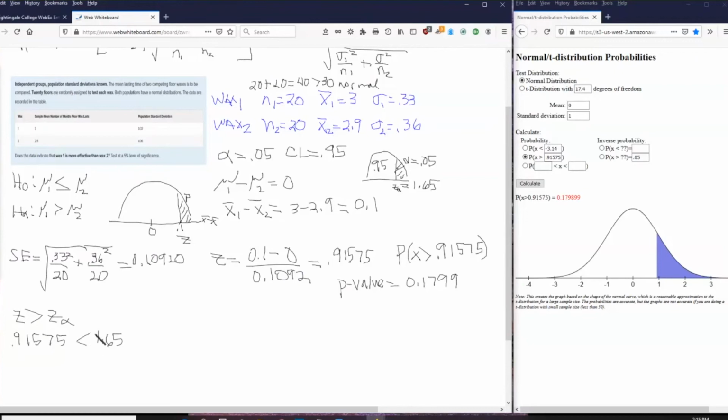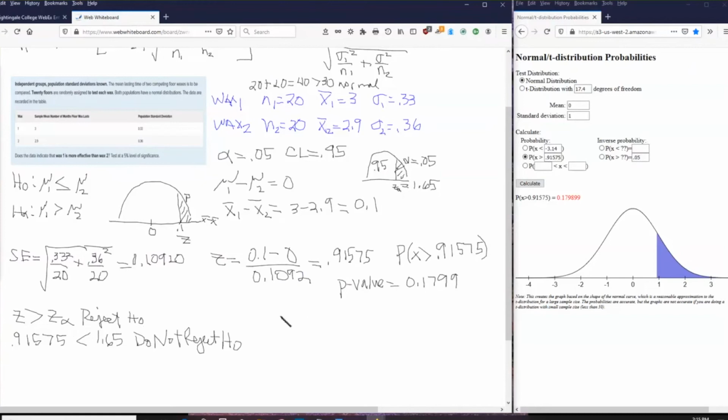So it is the opposite. If the z-score that I calculate is greater than the z of alpha, I'm going to reject the null hypothesis. This is not, it's the opposite. So that's going to tell me to not reject the null hypothesis.